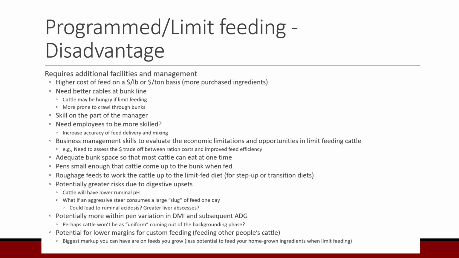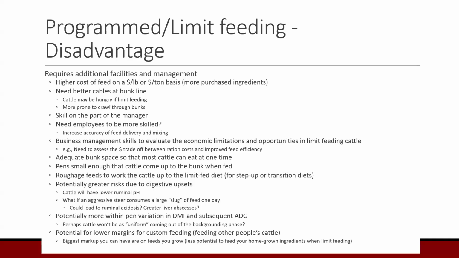Potentially, you could have more within pen variation in dry matter intake. More aggressive cattle could eat more than more timid cattle. That's going to drive more within pen variation in average daily gain, which will lead to more within pen variation in final body weight. Okay, why might that be bad? Absolutely.